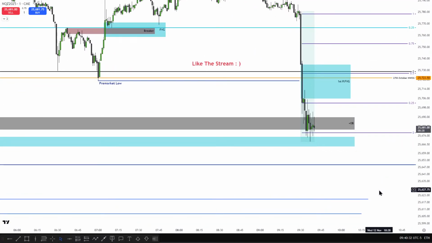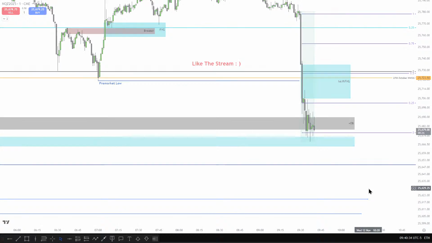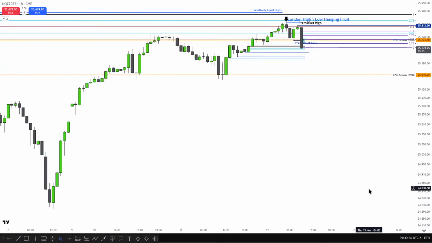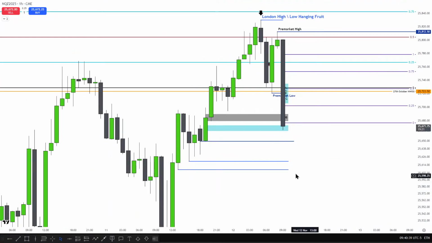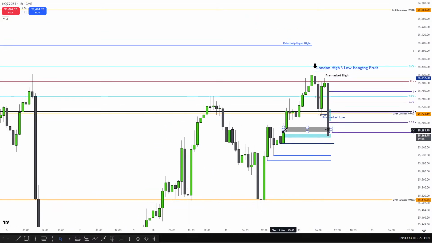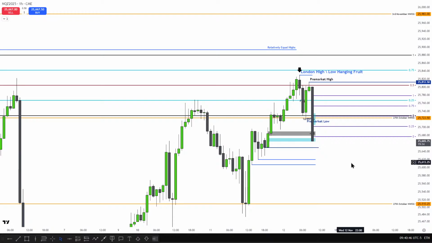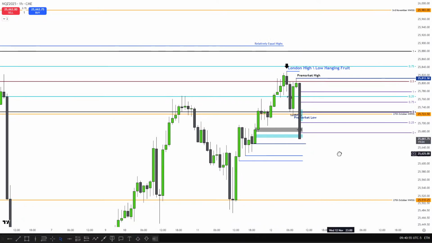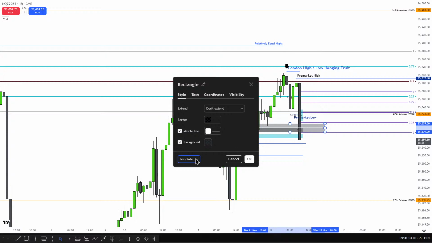Hourly fair value gap doing its job. Well, fair value gap. Let's think. If I was using a PD array in the hourly, it would be this candle as an order block, or these two candles as an order block. I wouldn't really use that gap. This is more of a balanced price range than a gap, and obviously we've run through that, so.